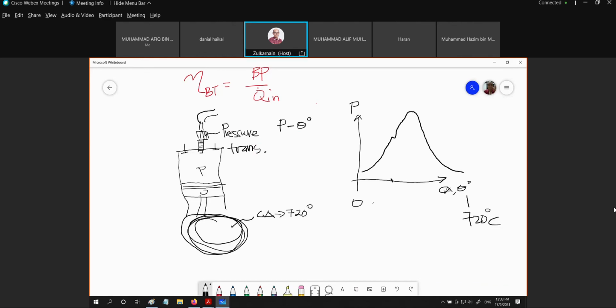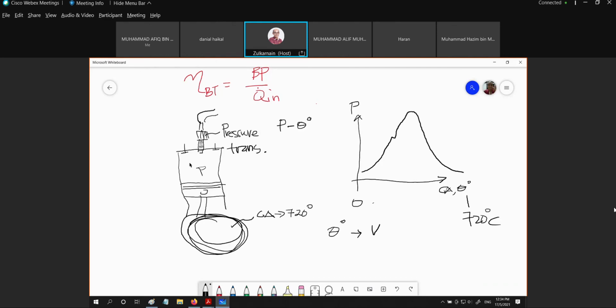For this crank angle, we can convert it to the position of the piston. At different angles, the level of the piston movement is different, and we could convert this value of crank angle to volume.